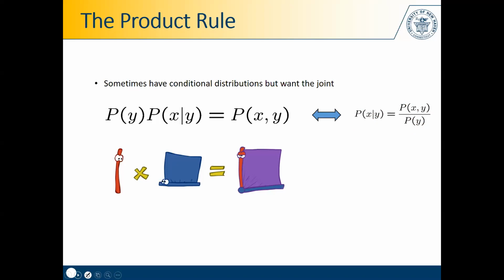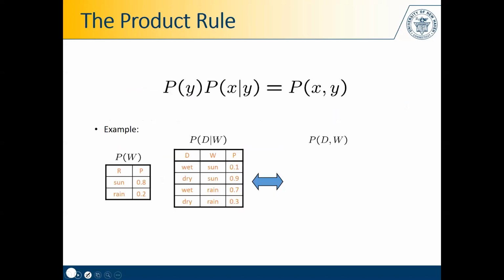And this is going to prove very useful later on. It's going to be one of the more useful tools we get to exploit in solving inference problems and Bayesian learning problems, as you'll see. So let's do a quick example. We have the probability of W. For example, this can be weather.